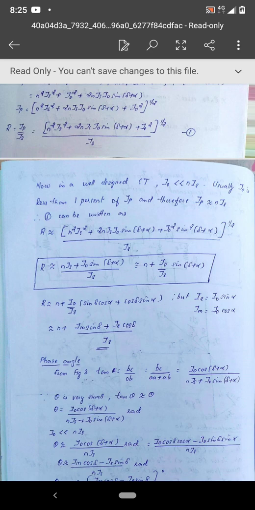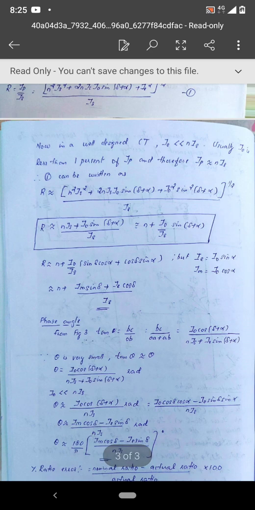So theta equals I naught cos delta plus alpha divided by NIS plus I naught sine delta plus alpha. Since I naught is very much smaller than NIS, you can neglect the I naught sine delta plus alpha term. So the denominator is simply NIS, and you can substitute the expansion of cos A plus B: cos delta plus alpha can be written as I naught cos delta cos alpha minus I naught sine delta sine alpha.